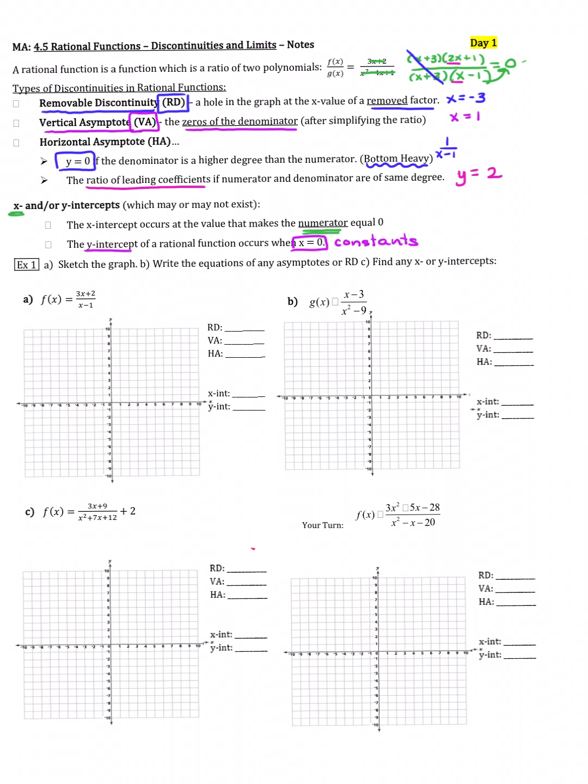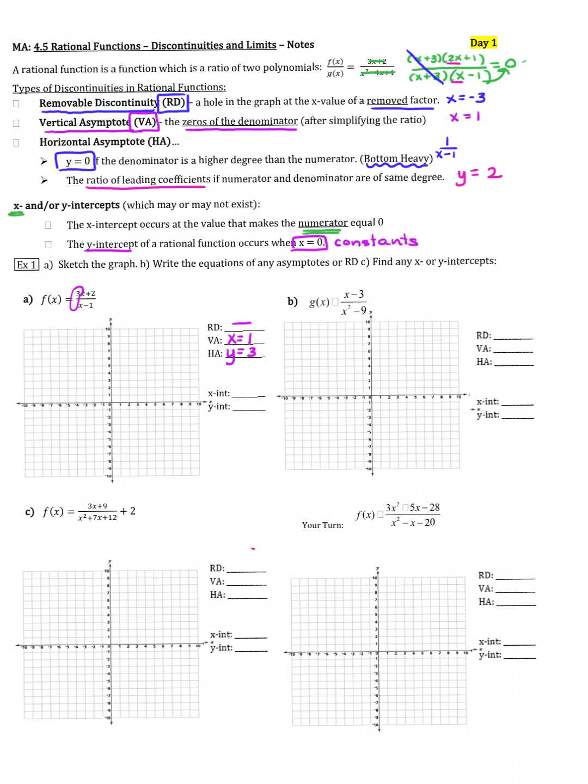Right off the bat, in example A, notice there's nothing to factor, nothing to remove, so I have no removable discontinuity. However, there is an x minus 1 in the denominator, so I have a vertical asymptote at x equals 1. The horizontal comes from looking at the coefficients in front of the x, so that's going to happen at y equals 3.